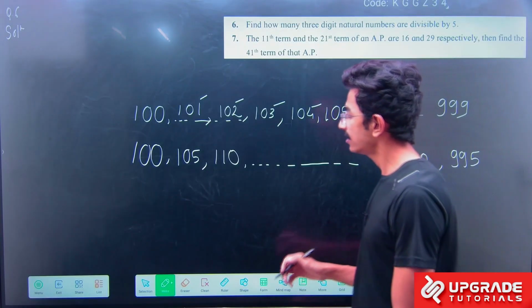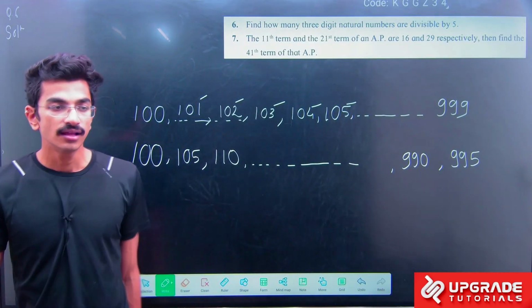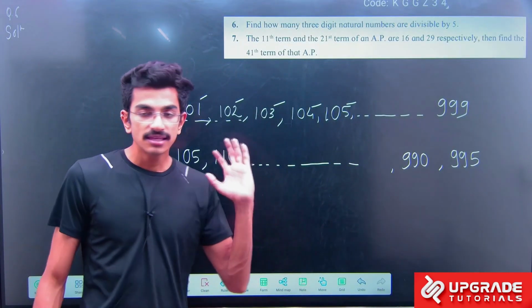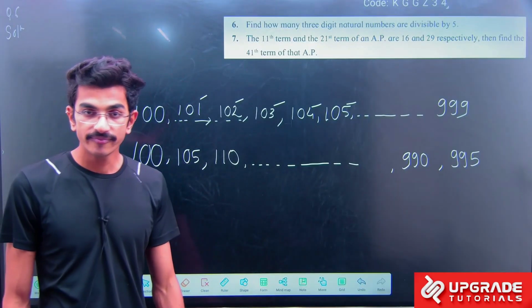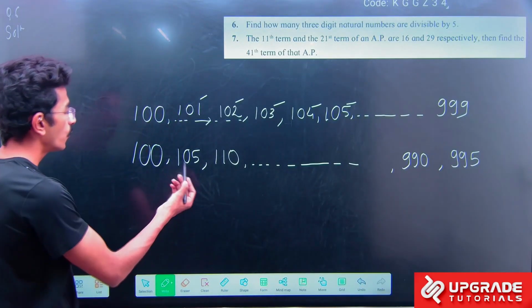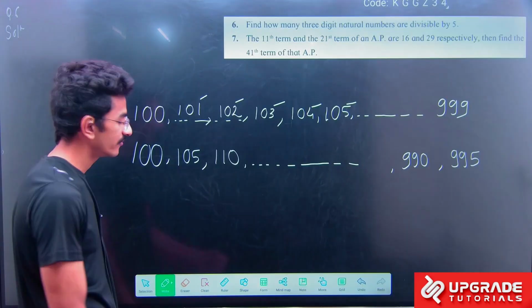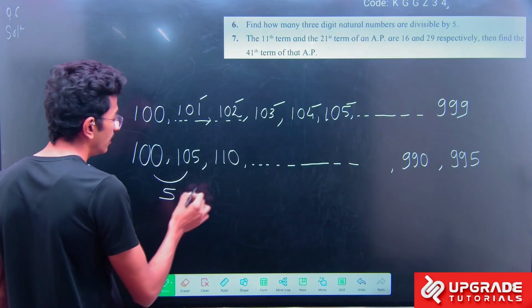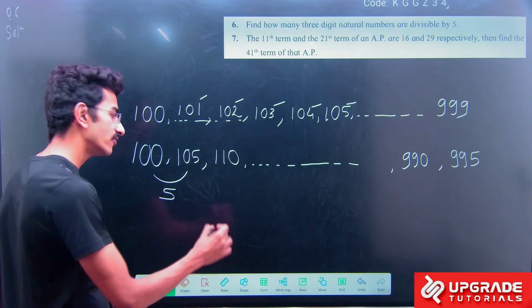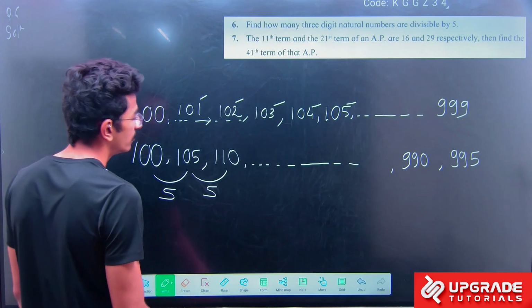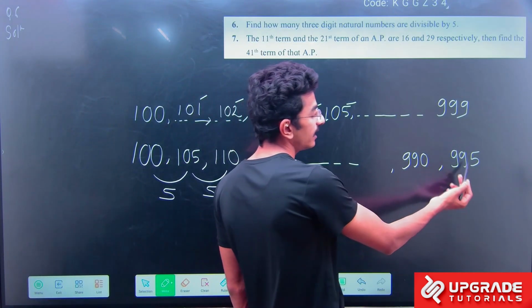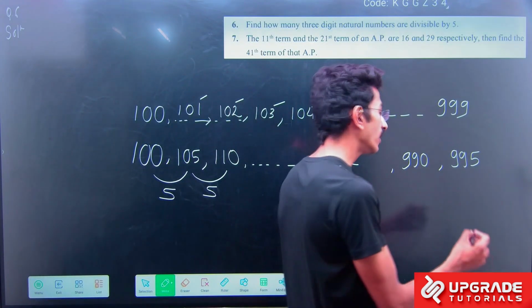Okay. So now tell me one thing. Is this sequence in AP? Let us check. 105 minus 100, 5. 110 minus 105, 5. 990. 995 minus 990, 5.